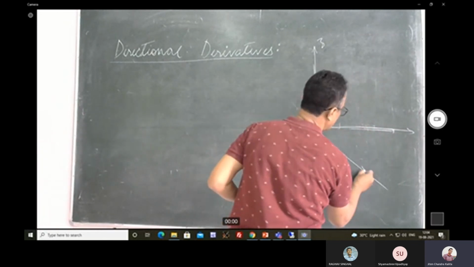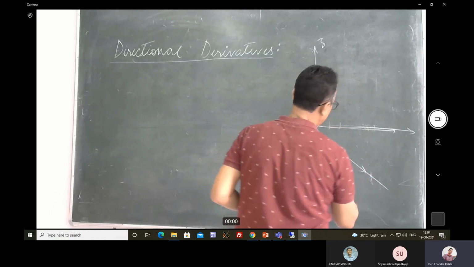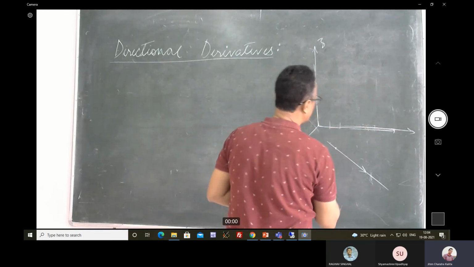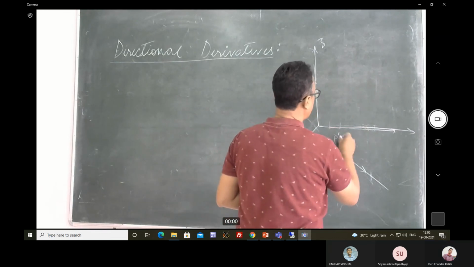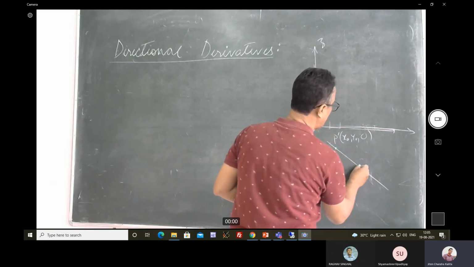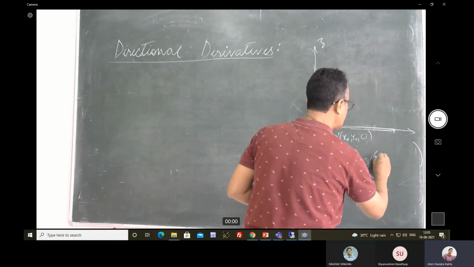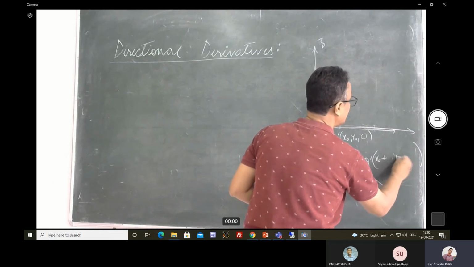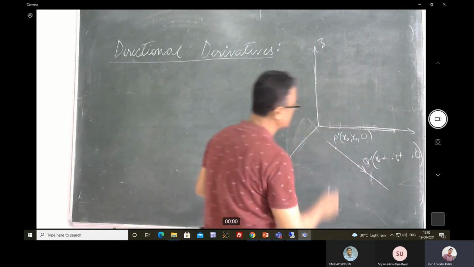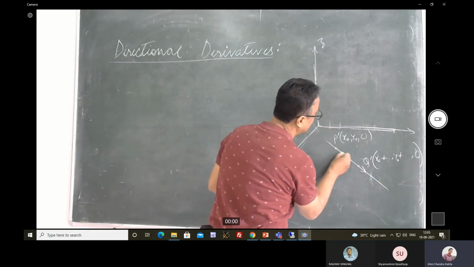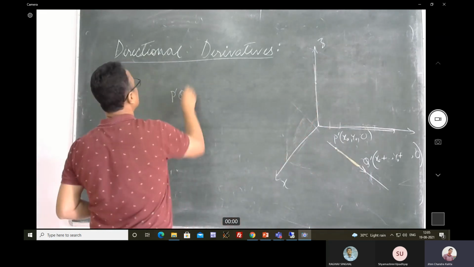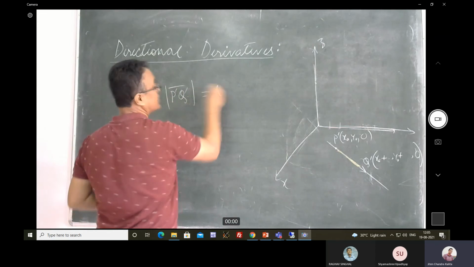Suppose this is the direction along which I am seeking the derivative. Say this is the point P prime, x naught, y naught, 0, and this is the point Q prime. I know that the length of this vector P prime Q prime is h.